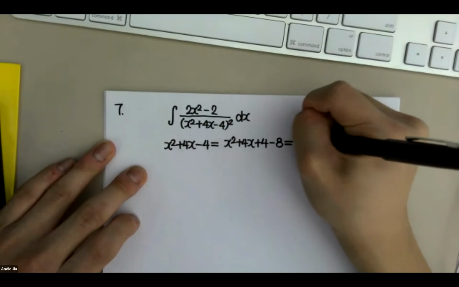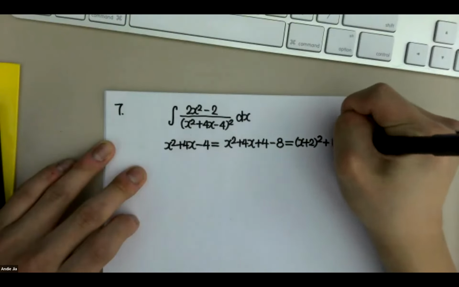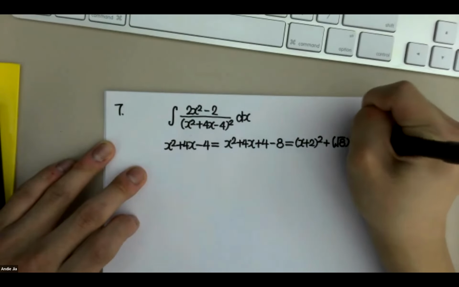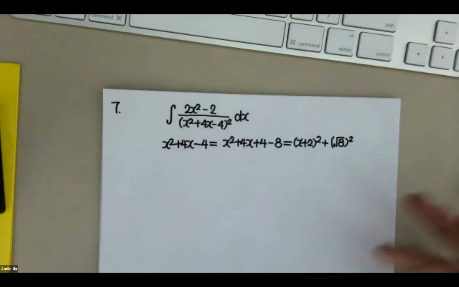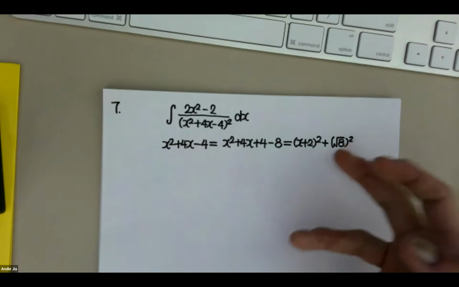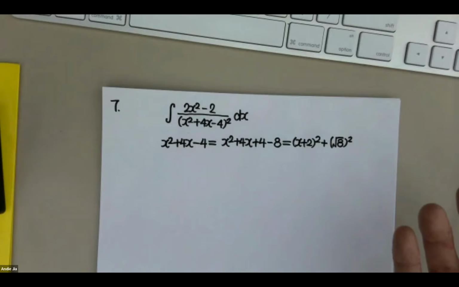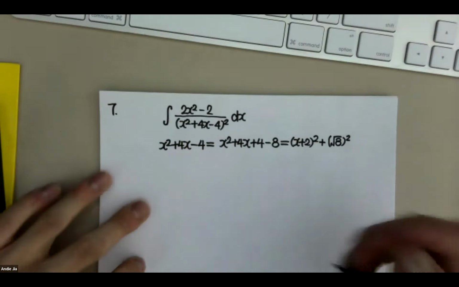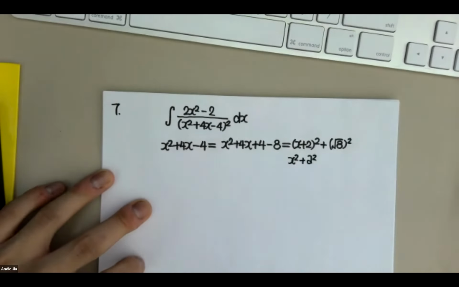So it's going to be x plus 2 squared plus the radical 8 squared. I keep radical 8 instead of 2 radical 2 because I don't want too many numbers there. Does it make sense to you guys? This is x squared plus a squared case.